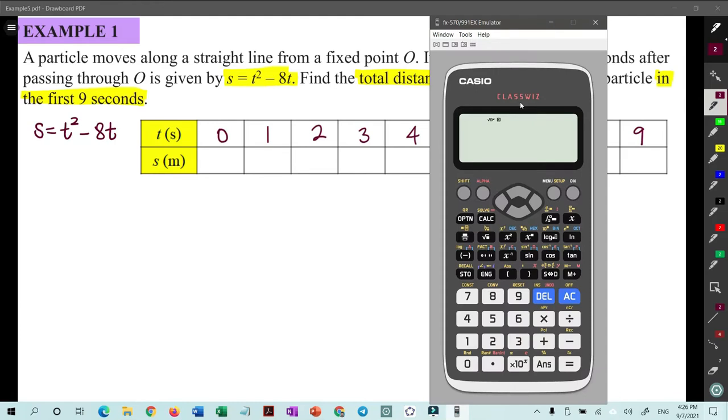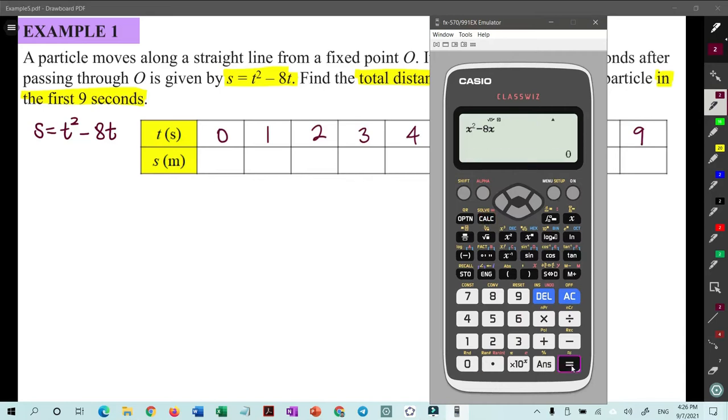So first thing, I'm going to key in the s function. In this case, I'm going to replace the t with x. x square minus 8x. Press calc. The value of t is 0.